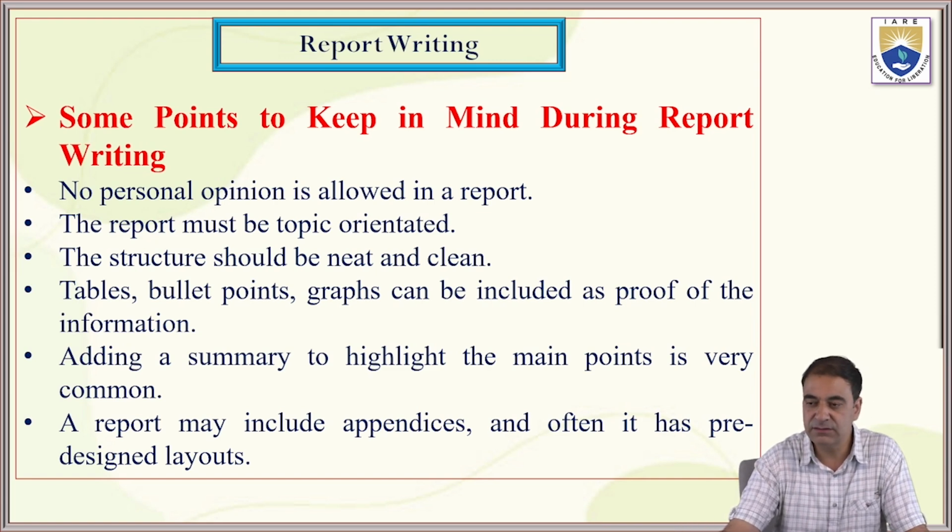We can add tables, we can add graphs, we can add facts and figures in a report in order to make it more authentic, in order to make it more factual. And the next one is adding the summary to highlight the main points is very common. And yes, it's very common to add summary so as to highlight the main points. And from the summary, the reader can get the idea of whole thing or whole report.